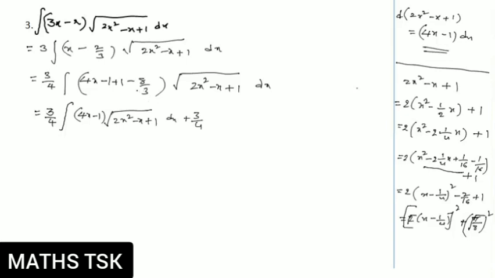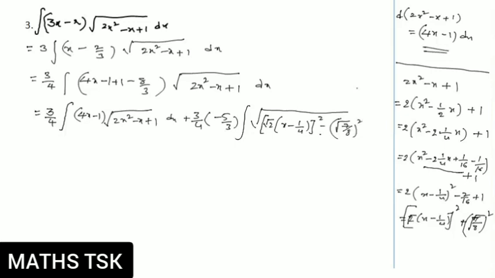And then remaining part is 3 minus 8 is minus 5 by 3, integration of minus 5 by 3 into root of 2x square minus x plus 1, can be written as root 2 into x minus 1 by 4 whole square plus root of 7 by 8 whole square.